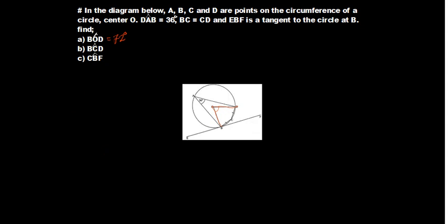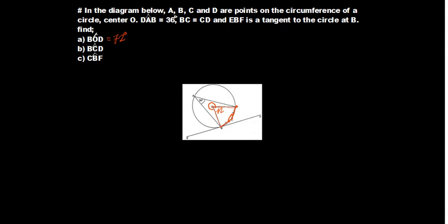So the next one is we need to find BCD, the angle that is here. Here we have found 72 degrees, and we need to indicate it. All right, so for us to find BCD, we're using the same concept that we have used here again. The angle that is here is twice the angle that we are looking for.